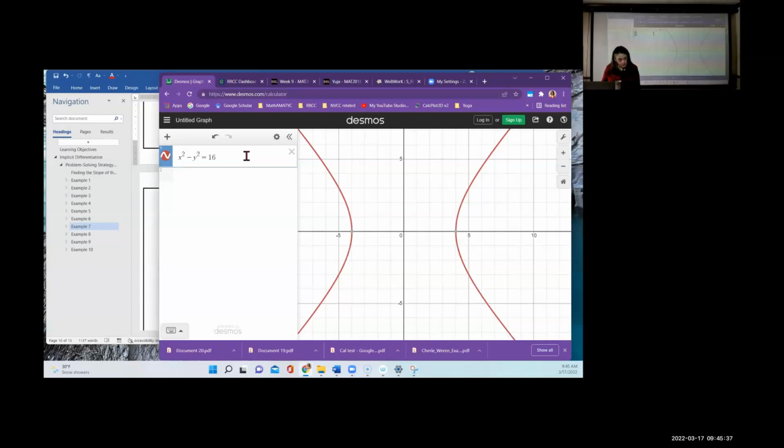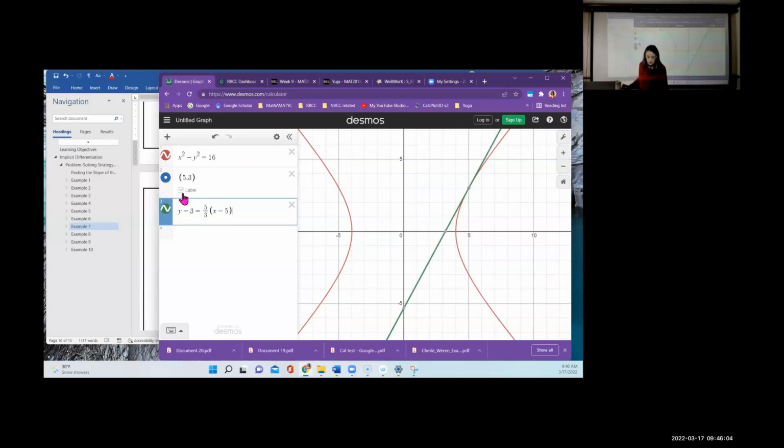And then we had the point 5, 3, which is right there. Looks like it's on the right arm of the hyperbola. And then the equation of our tangent line was y minus 3 equal to 5/3 x minus 5. And there it is, tangent at our point. All right, and you can see that it is in fact tangent to that point.